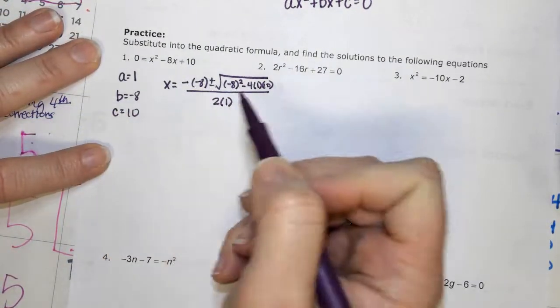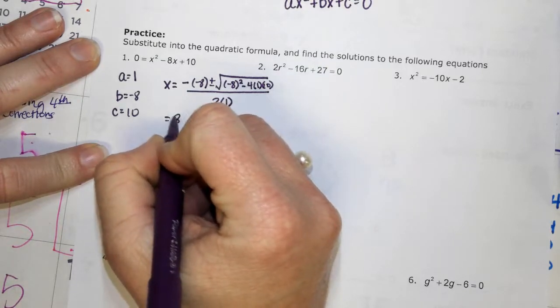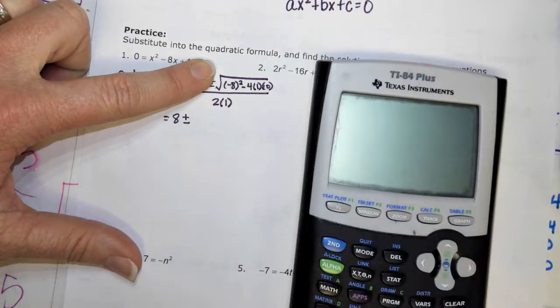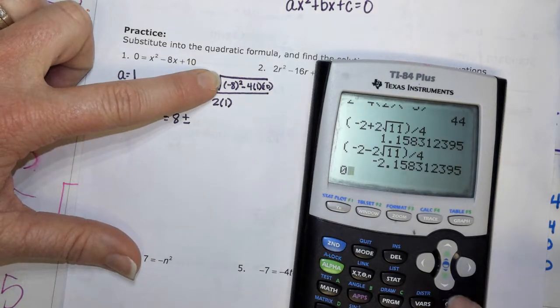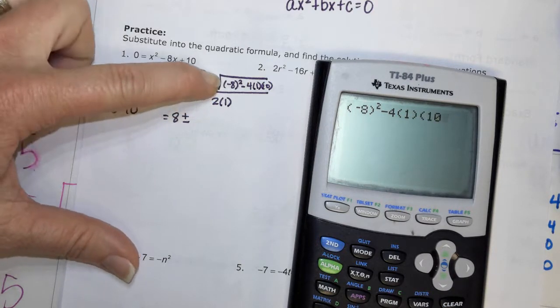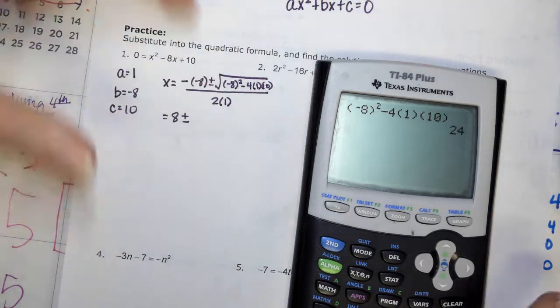Okay, so now I want to first start simplifying this. So these two negatives right here are going to give me a positive, so that's going to just be 8 plus or minus. So now I'm going to use my calculator to plug in what's inside the square root. So that's negative 8 squared minus 4 times 1 times 10. That gives me 24.